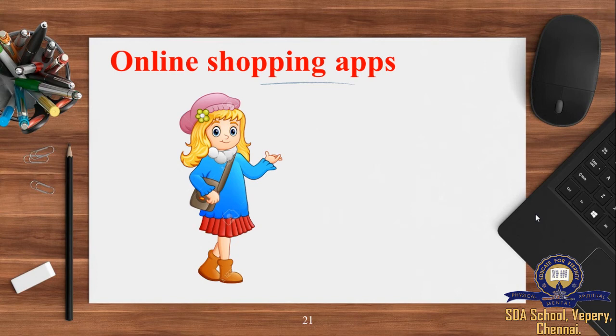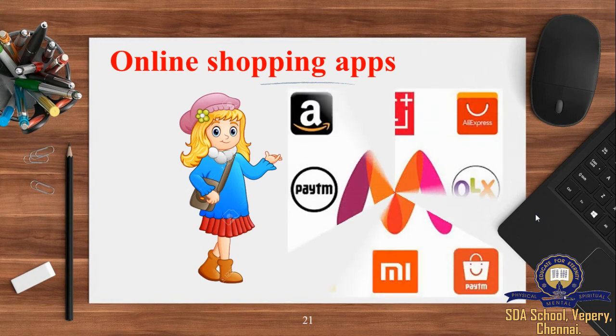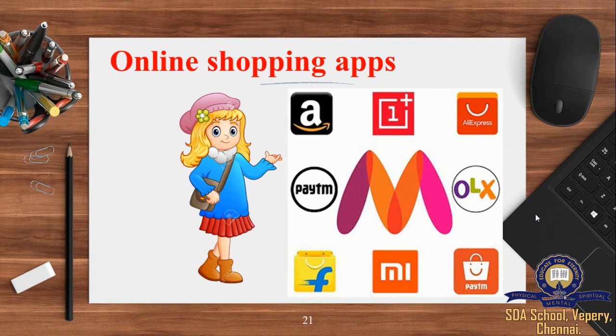But nowadays, anything you want, you can just take your mobile phone, install a particular online shopping application, and book directly whatever products you want. And it will be delivered to you, home delivery in your location. How is it possible? It is possible through mobile applications.